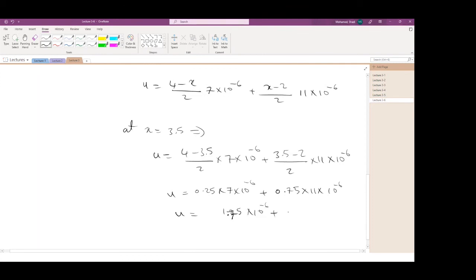And then here we have 8.25 times 10 to the power minus 6. I hope I've not made any mistakes. I think this is correct. And then you will be adding these numbers together, which is 10 times 10 to the power minus 6, or just 1 times 10 to the power minus 5 millimeters.